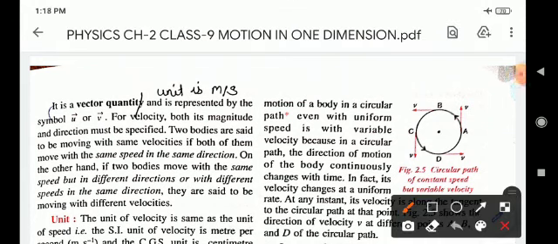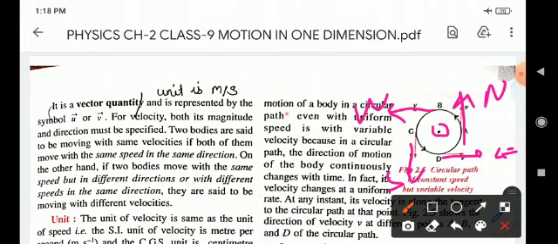If any particle is revolving around the center, then its direction will change after time t. It is represented in figure number 2.5. These directions are east, north, west and south.